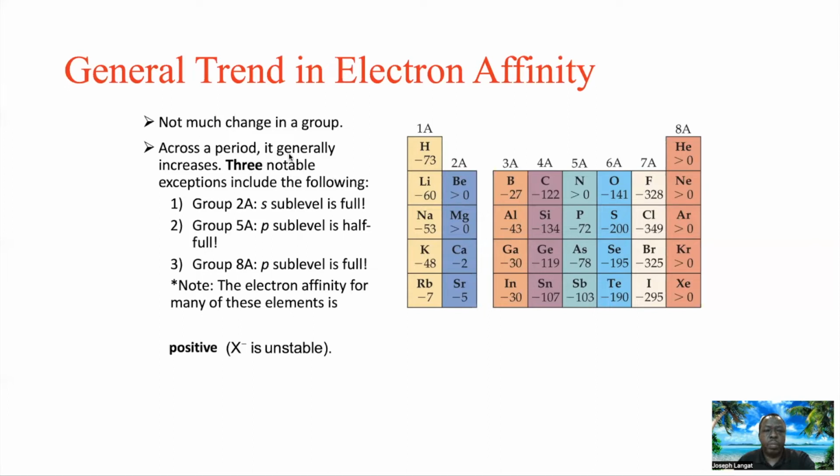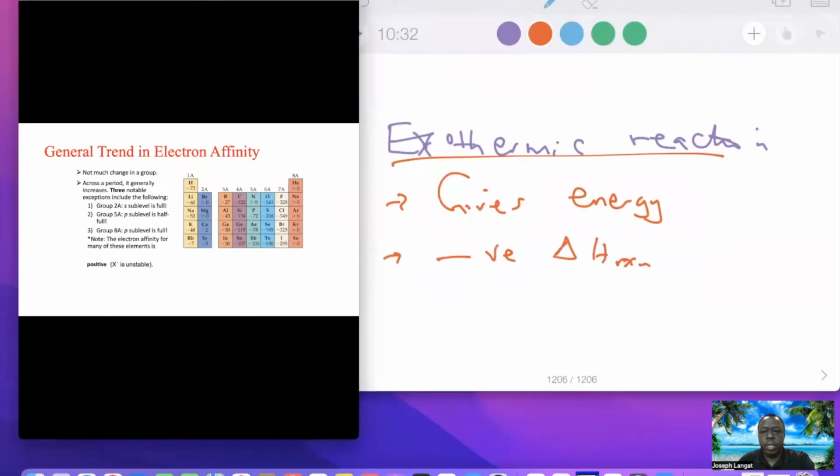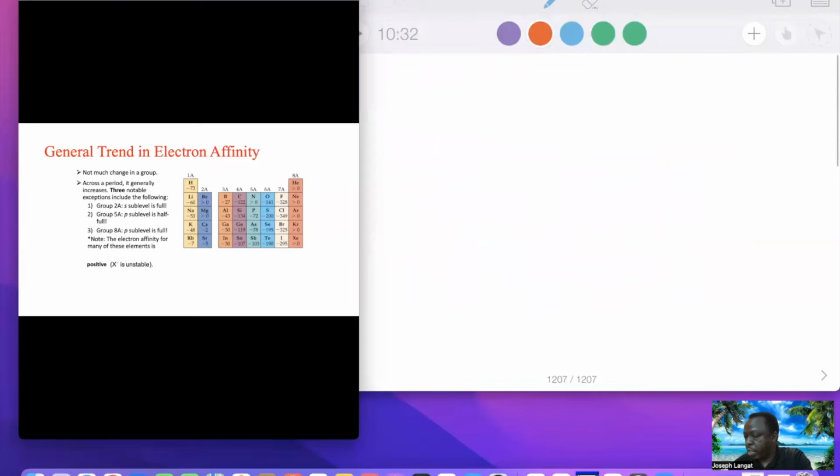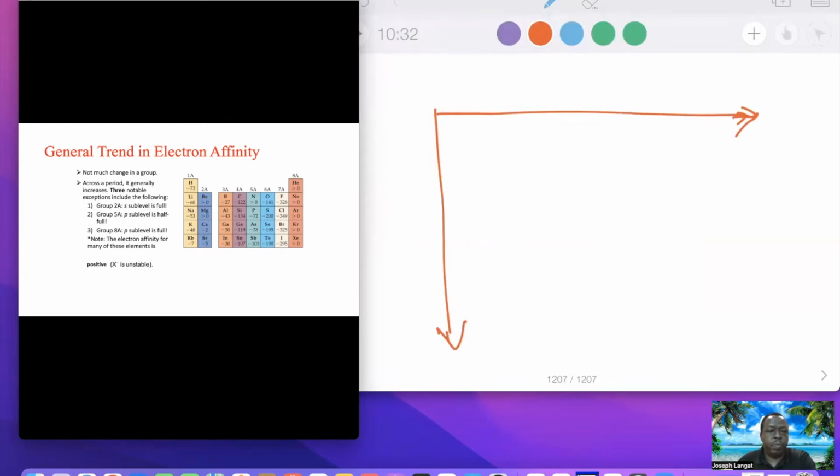Across the periodic table, this is what we can conclude on the general trend of electron affinity: across a period it generally increases. So just like in part A, if this is the periodic table, what happens as you move from left to right? It generally increases, and not much change down a group.